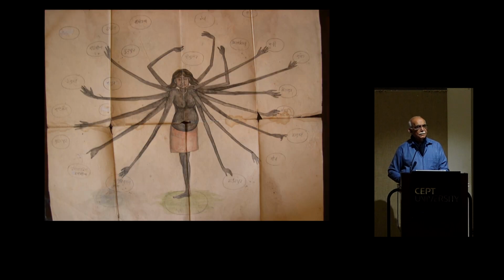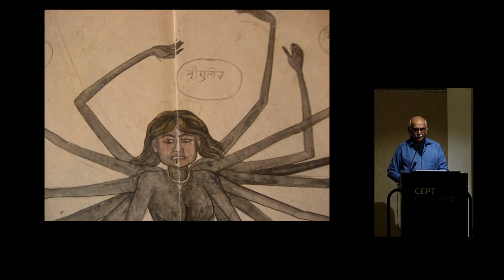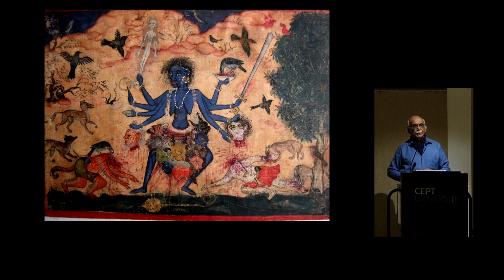I mean, wonders are piled upon wonders in this world that you and I are talking about. Bibhatsa, the goddess having killed Kali. I mean, one has to see to believe what the mind of the artist is doing.